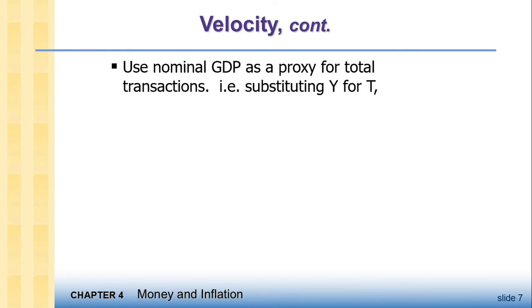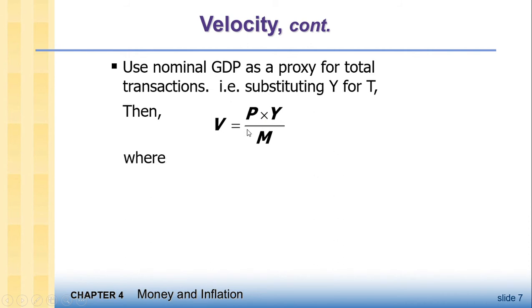Now, since we cannot know the total amount of transactions in an economy, because that becomes quite difficult in an accounting procedure, the Cambridge economists substituted the real GDP, that is Y, in place of T. So now P into Y is our nominal GDP.